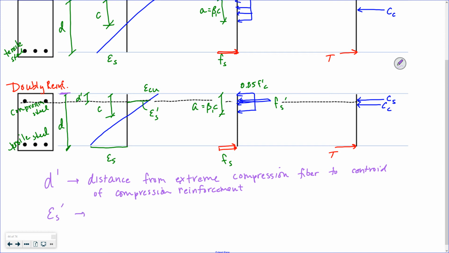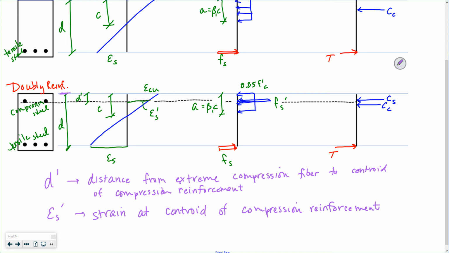ES prime, that's the strain at the centroid of the compression reinforcement.